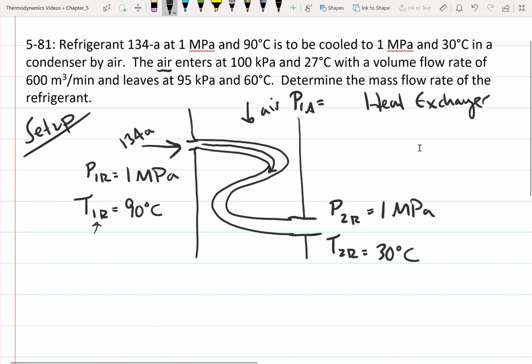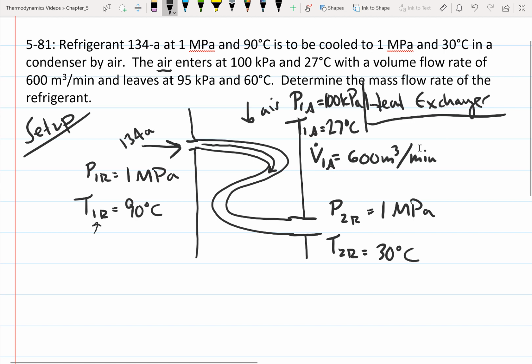So the air is at 100 kilopascals, and the temperature is 27 degrees C, so T1 air is 27 degrees C. It tells us the volume flow rate, so we have V1 air is equal to 600 meters cubed per minute.